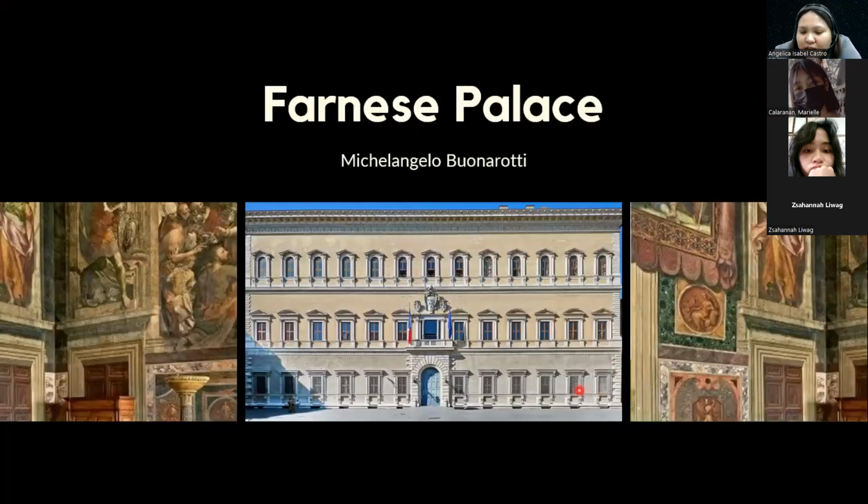Okay. Let's take a look at Farnese Palace now. What classical elements do you see? I just gave you the type of window. So what classical orders do you see just by looking at the outside?